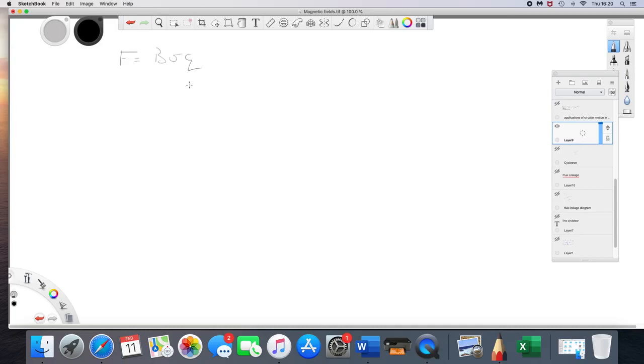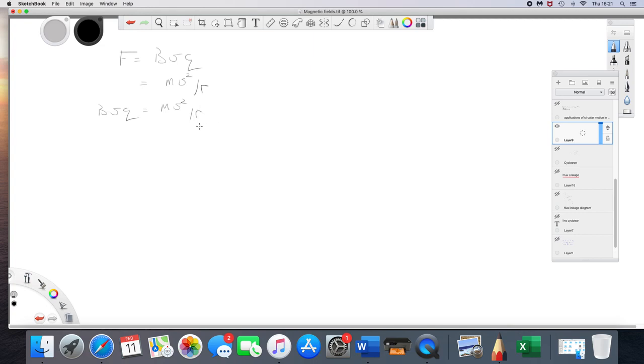Now, we know this is moving in a circle, and so we know that this force is also equal to mv squared over r. So we can equate these two, and we can say BVQ equals mv squared over r.